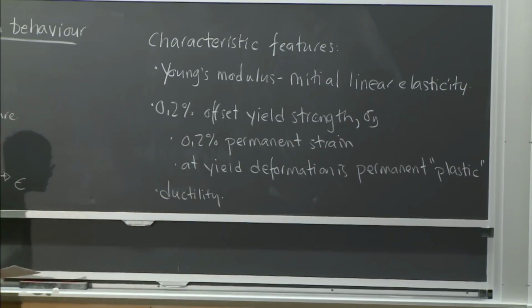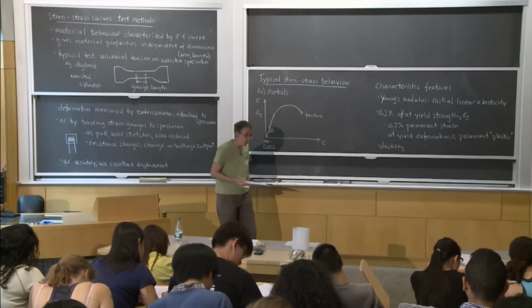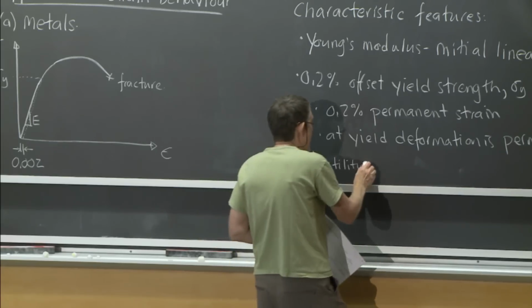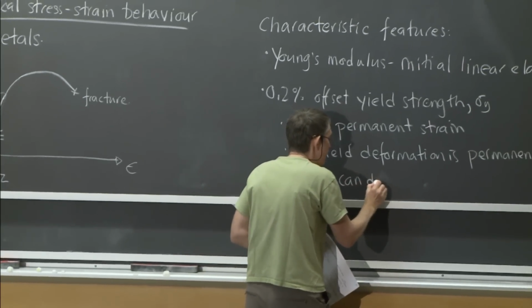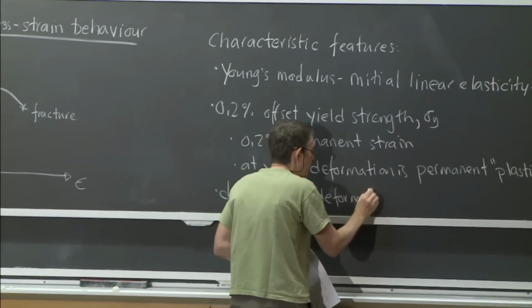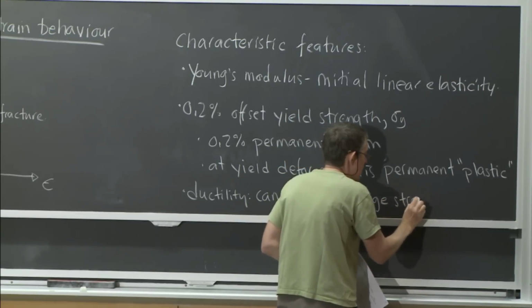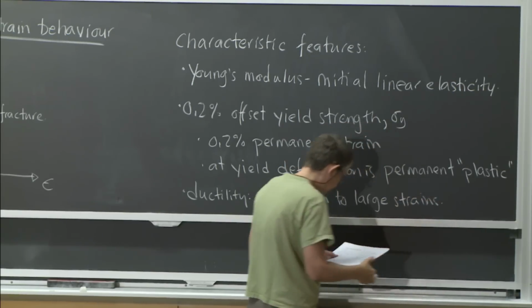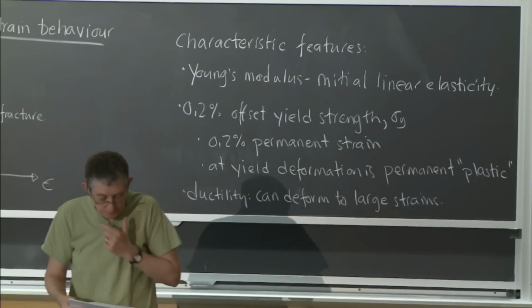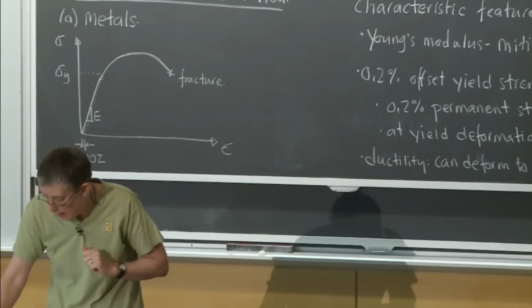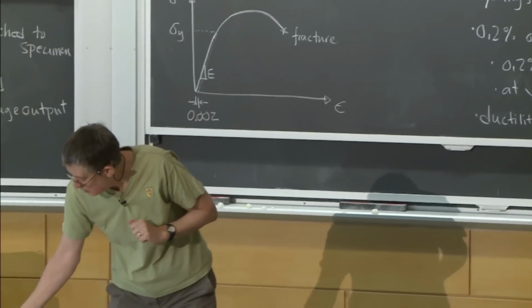So another characteristic of a lot of metals is that they're ductile, and that means you can deform them to very large strains. So I'll come back and talk about how we can characterize that ductility.